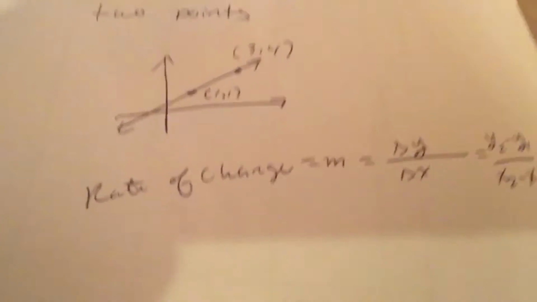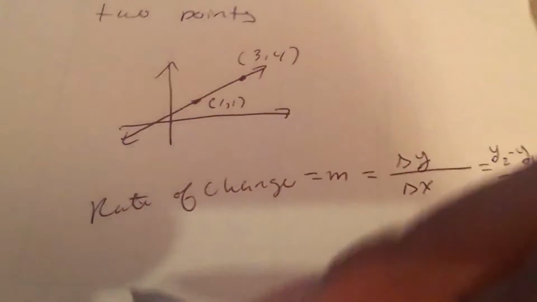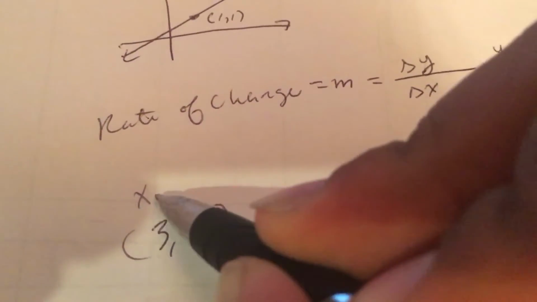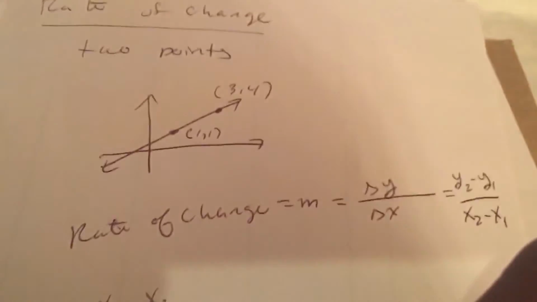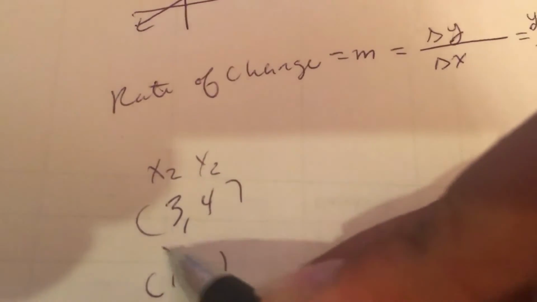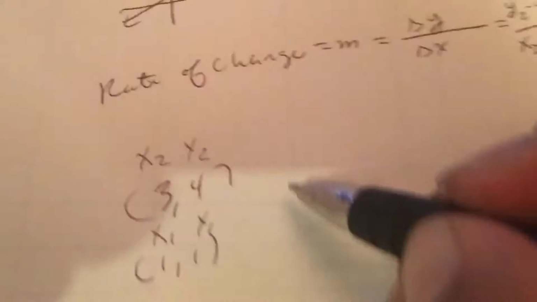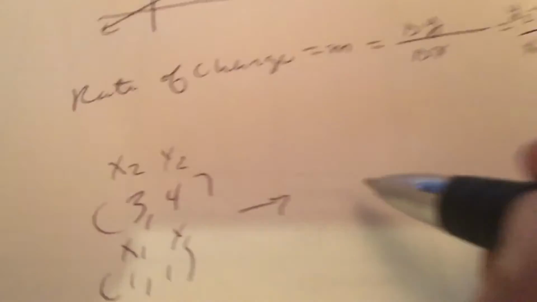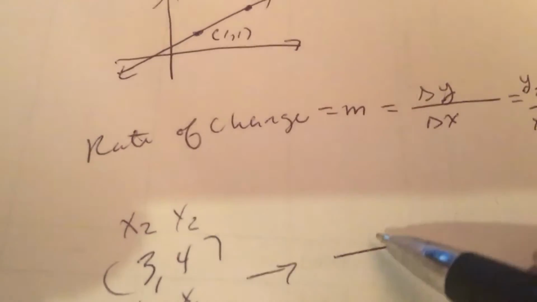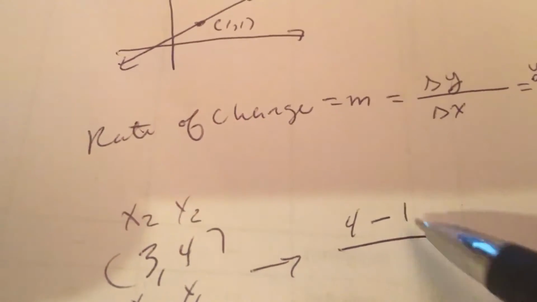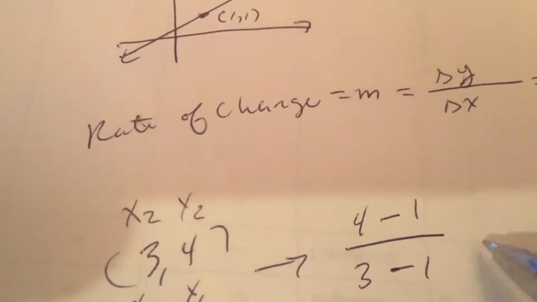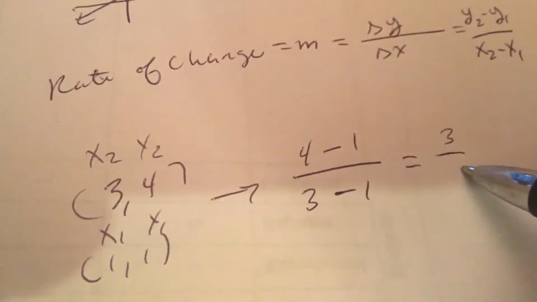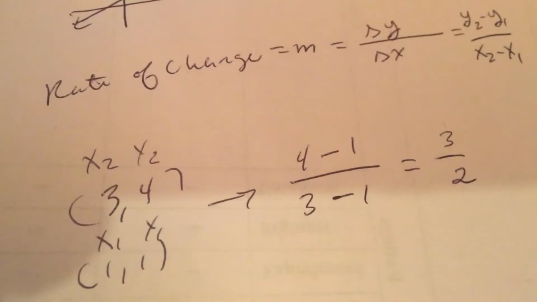So let's do a quick calculation of this. It's pretty simple. I would take the point (3, 4) and call it my x2, y2, and I'll take the point (1, 1) and call that my x1, y1. We'll take these values and substitute them into our equation here. So, we're going to do 4 minus 1 over 3 minus 1, and that'll give us the value of 3 over 2.